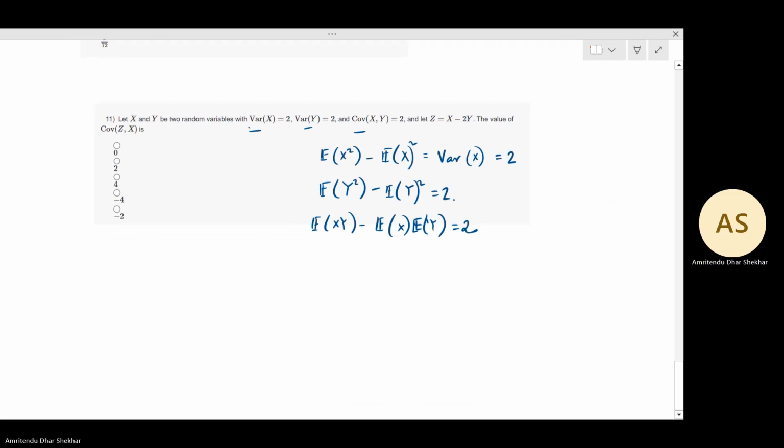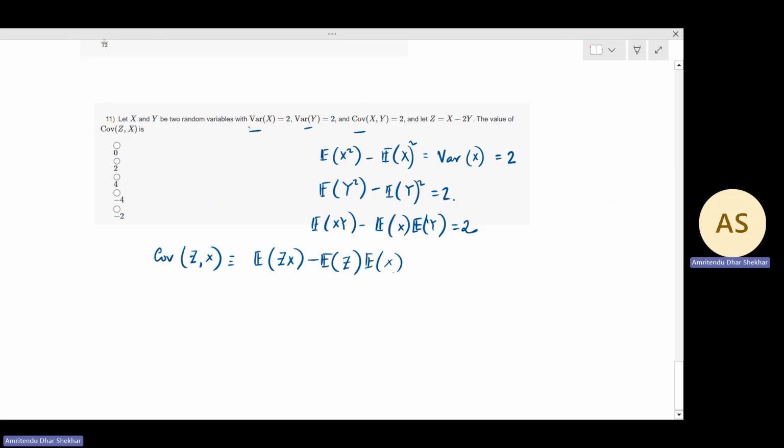Now, the covariance of z comma x is equal to the expectation of zx minus the expectation of z times the expectation of x.